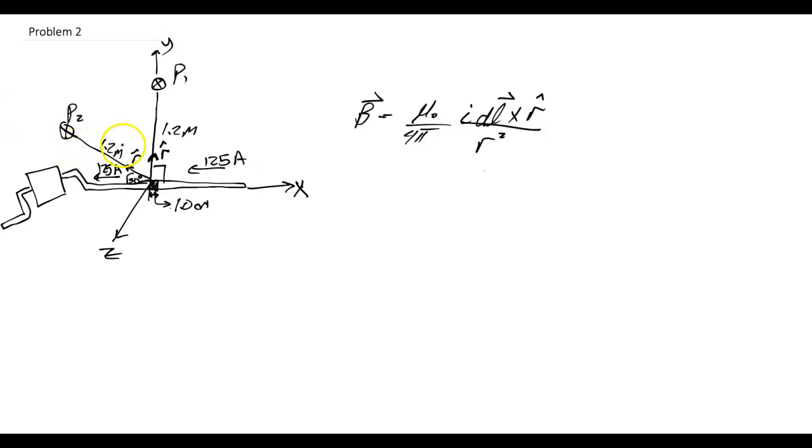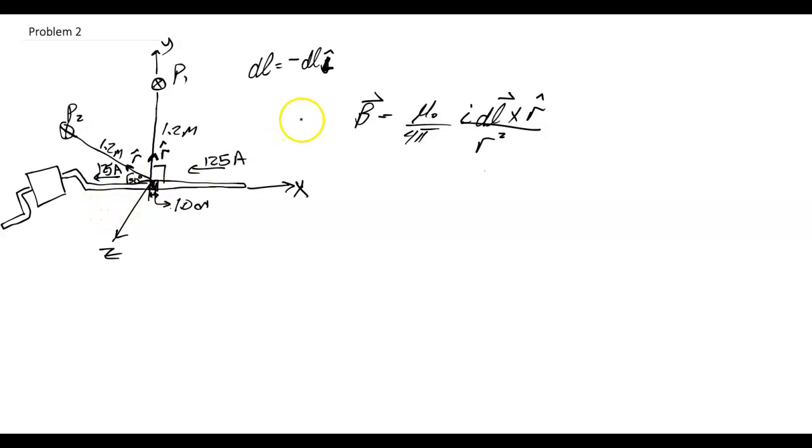So it has a two-dimensional vector representing it. So now we can say, and because the current is moving to the left, dl is always going to be minus dl I hat. It's moving always in the same direction to the left.